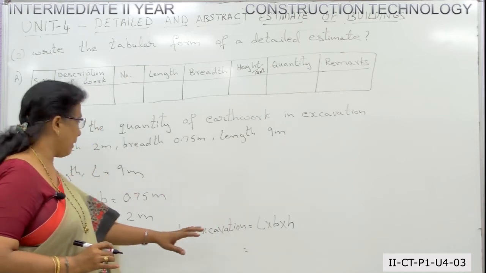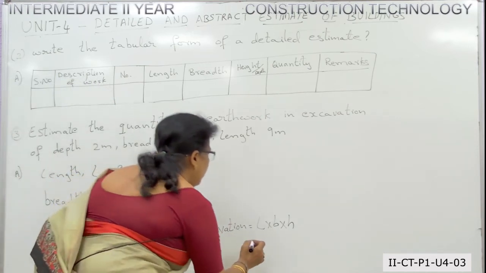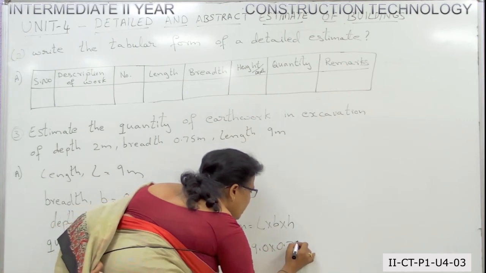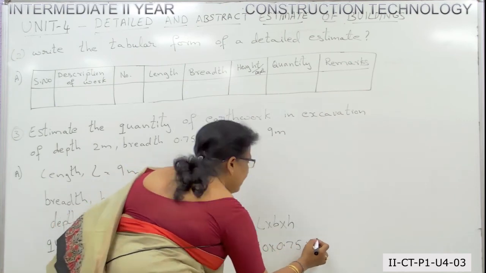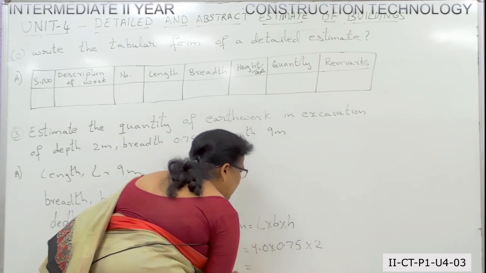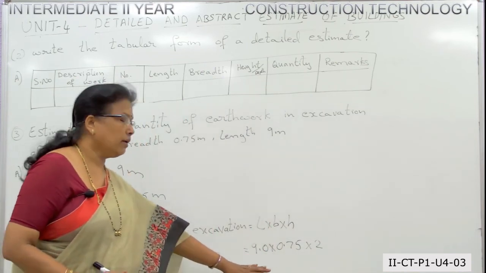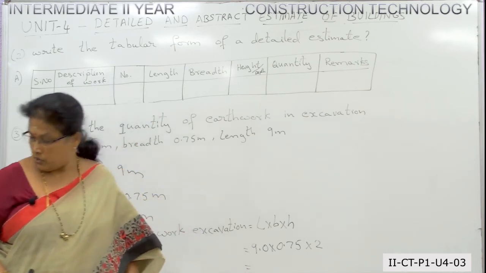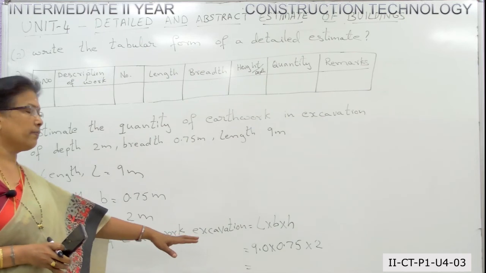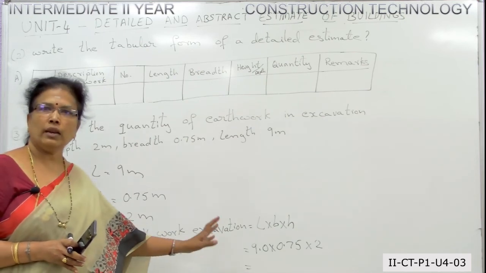Just substitute the length, breadth and height in this formula. Length is 9 meters, breadth is 0.75 meters and height is 2. When you multiply, whatever answer you get, you write down here. You can use your calculator for calculating this.